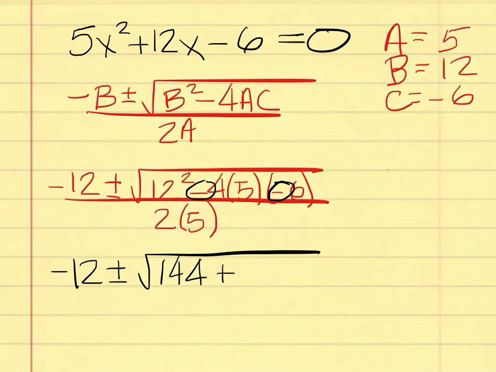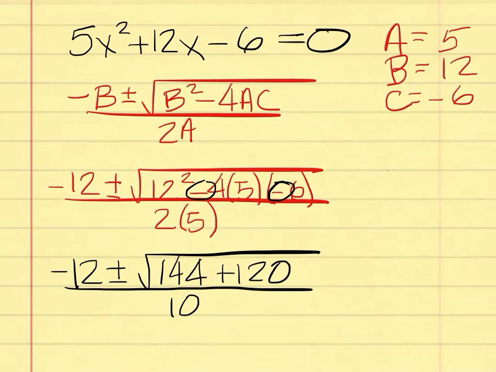What number do I write next? 120 is right. Okay, on the bottom, what do I write? 10 is right. Okay, so we've made it this far.